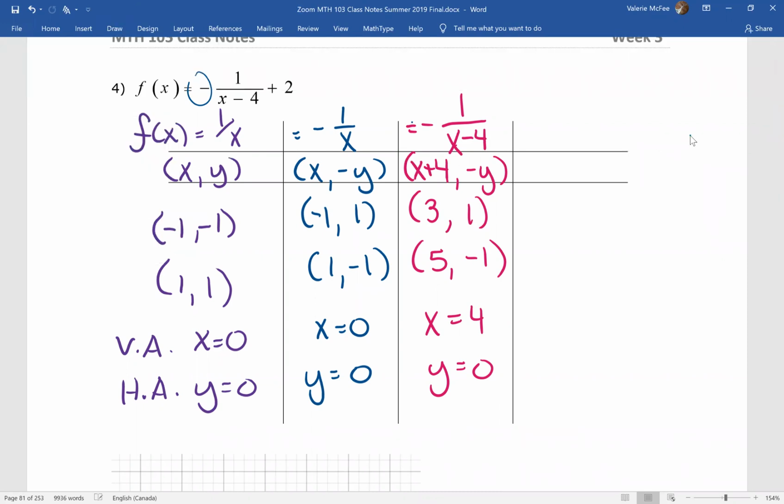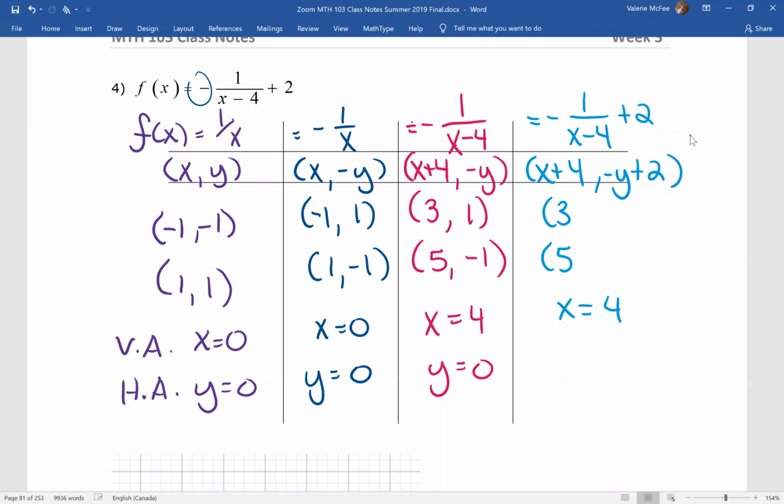And finally, we have that +2. It is outside the function. It is changing y. We are keeping all of these x plus 4 values, and we're going to take that -y and add 2.